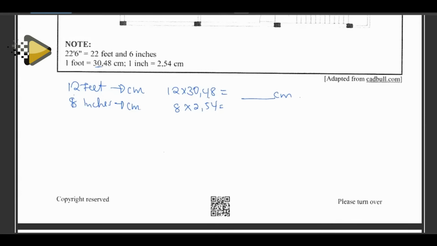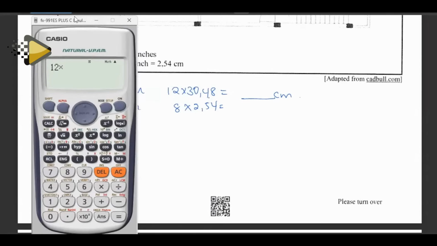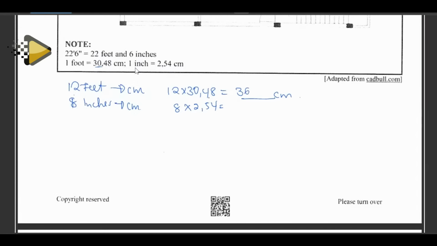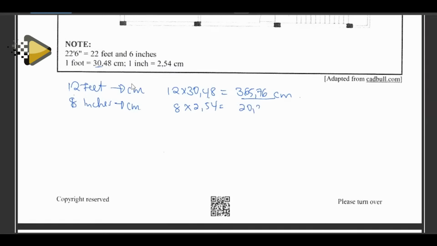Let's multiply, and you see 12 times 30,48 equals 365,76. Those are the centimeters. Then the other one is 8 times 2,54. We have the answer as 20,32 centimeters. So both of them now are centimeters.